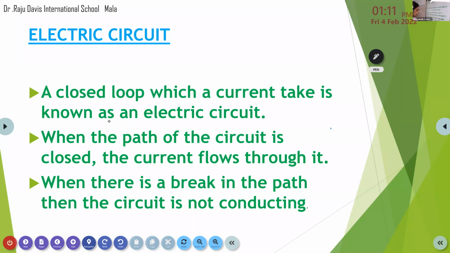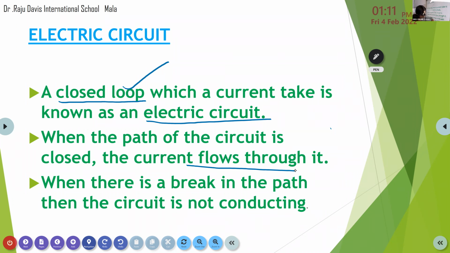So, what is meant by an electric circuit? It must be a closed loop which a current takes is known as an electric circuit. So what is the condition? It must be a closed one. If it is closed, then current flows through it.